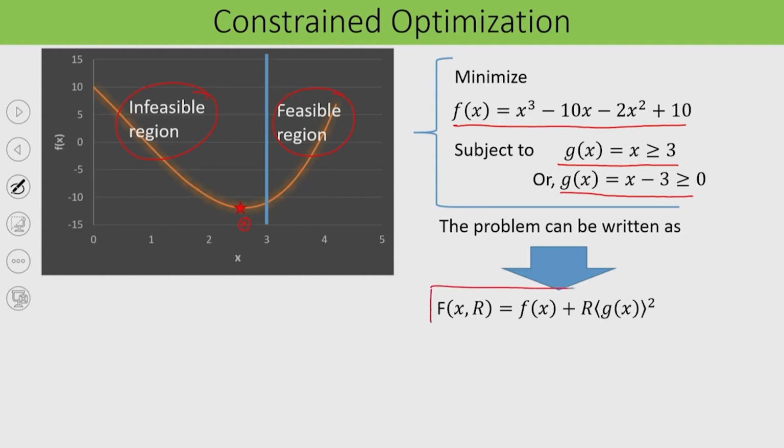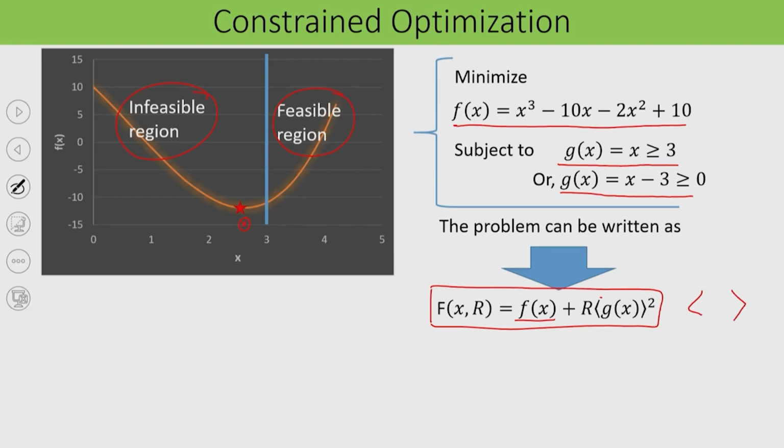We write the unconstrained function capital F(x, r), where r is a new variable, I will explain what r is, which is equal to the original objective function f(x) plus r times the bracket operator, I will also explain what this bracket operator is. Then I am taking the square of that, because I would like to take just the positive value.